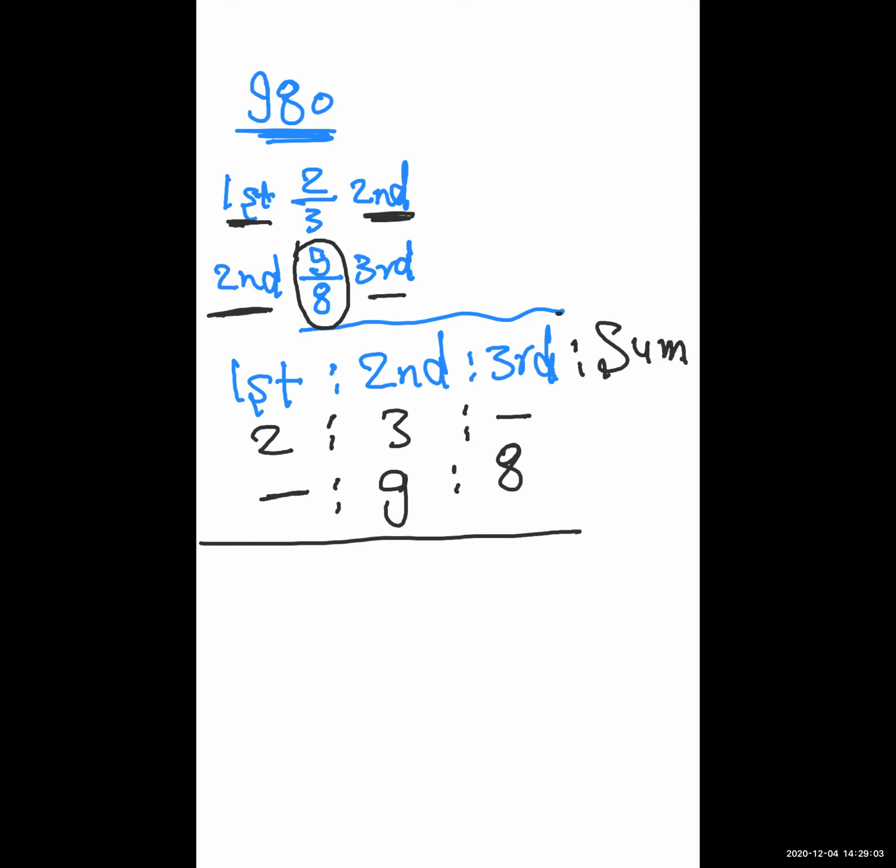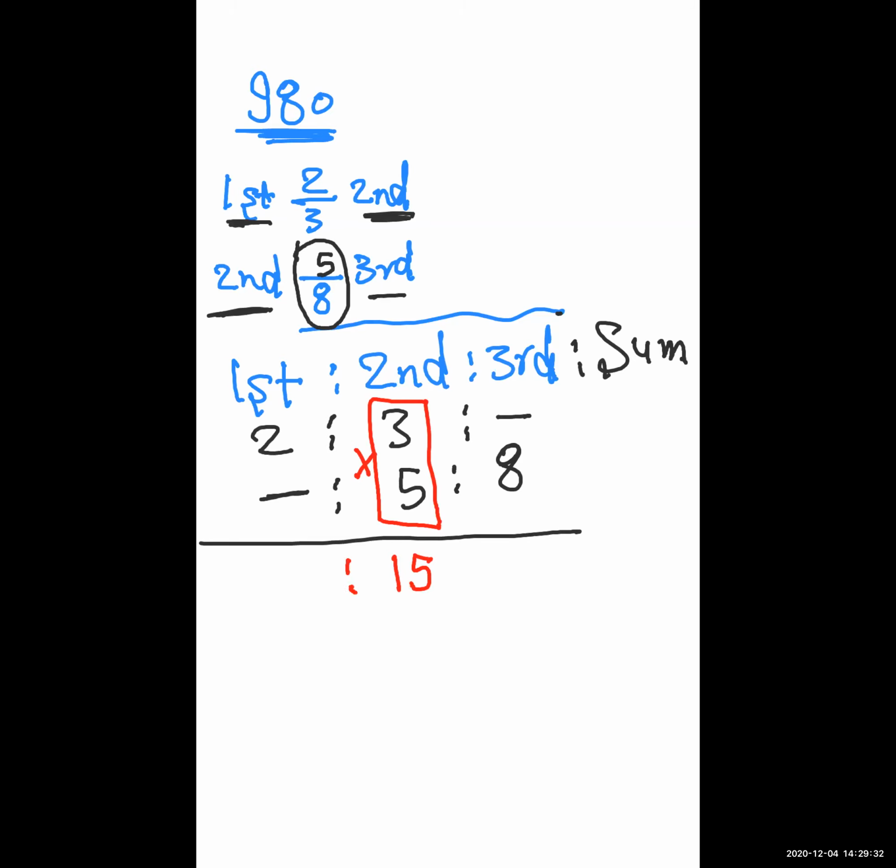Just one second. This one is 5 over 8, not 9. Sorry, this one is 5, so this one also is 5. Now, guys, how can I get the equivalent ratio? It's very easy. The common part now is 3 and 5, so I will multiply them, 3 times 5 means 15.